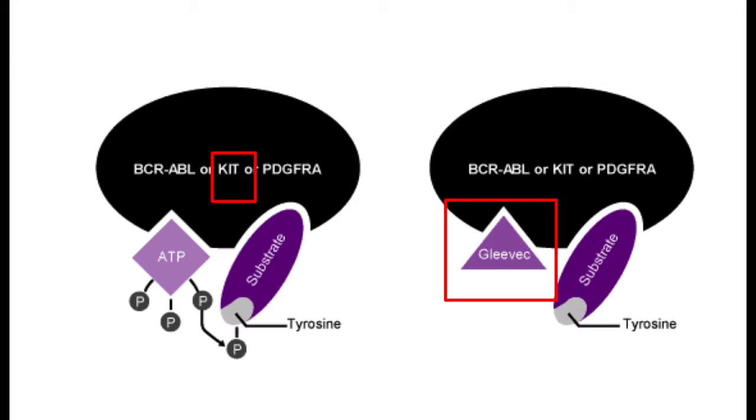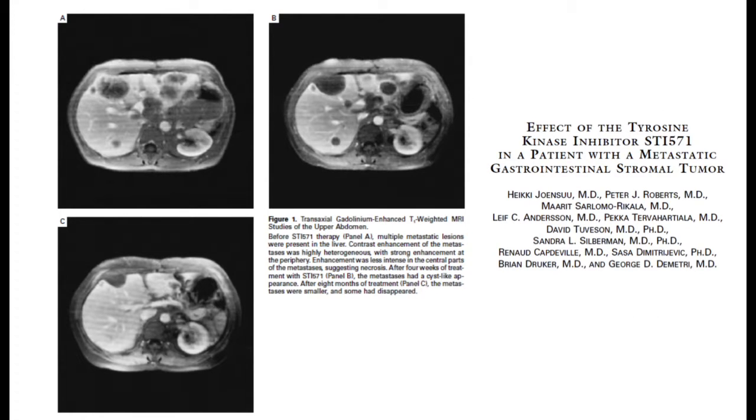And actually the ABL protein is very similar to the KIT protein. So some scientists at the Dana-Farber, George Demetri and Heikki Joensuu, knew about this. And this was the first, or one of the first patients to receive Gleevec.